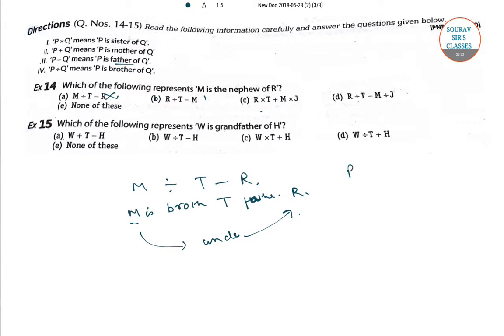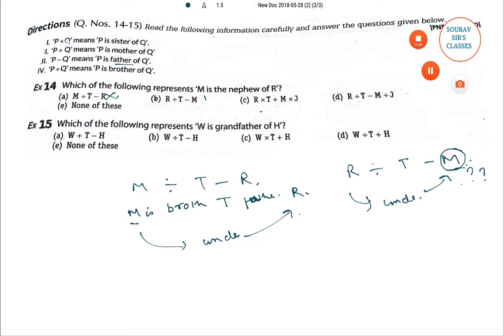Next is R divided by T minus M. Now from the previous example, it is clear that R is uncle of M. But here we do not know the gender of M. M's gender is not known. So we cannot say that either M is nephew or niece of R. So next option is also rejected.